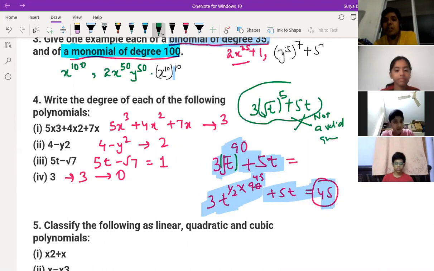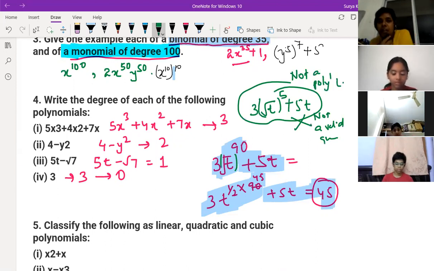This is not a polynomial, and a polynomial will not have any degree. Okay. If it is not a polynomial, it has no degree. Is it clear? Yes. If your term is not a polynomial, we can't find the degree.